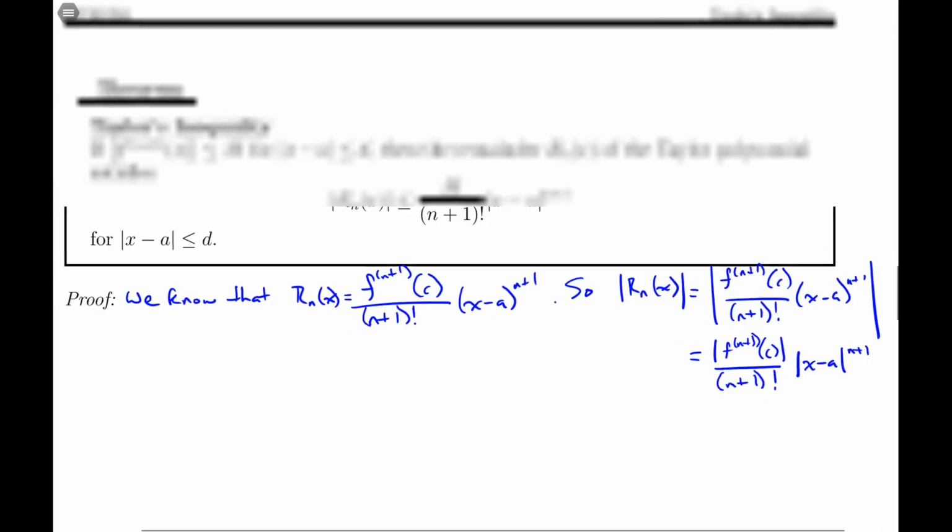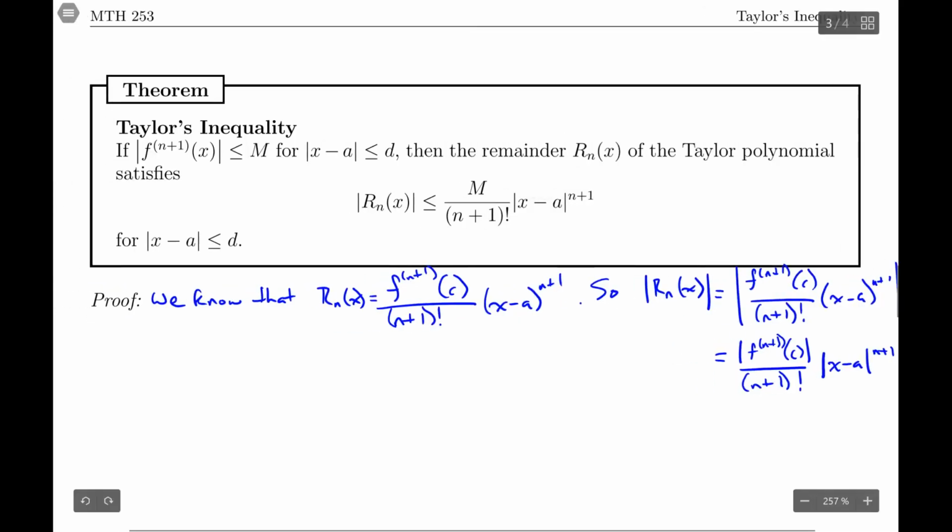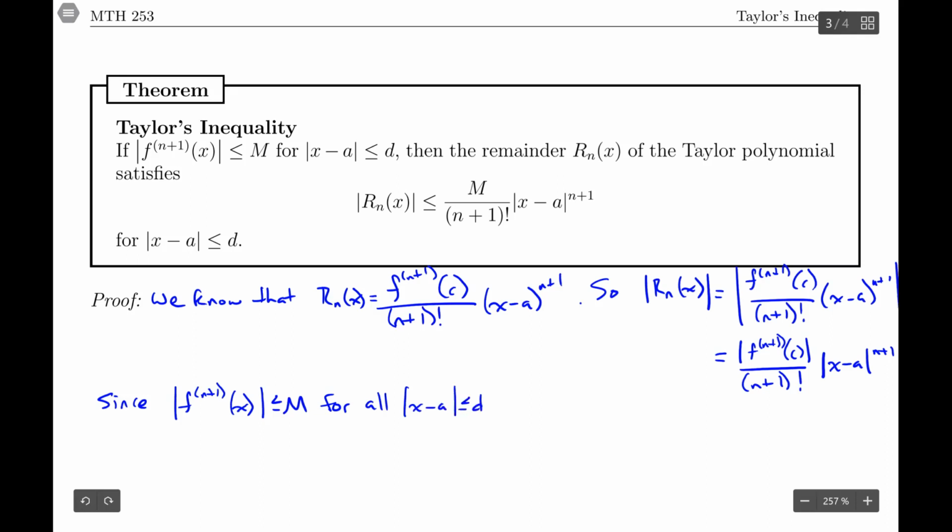But we are assuming that the absolute value of the n plus first derivative at x is less than or equal to big M for all x values such that the absolute value of x minus a is less than or equal to d.